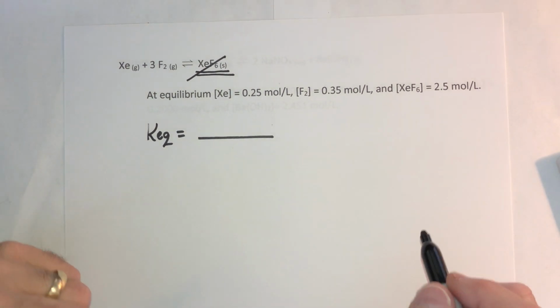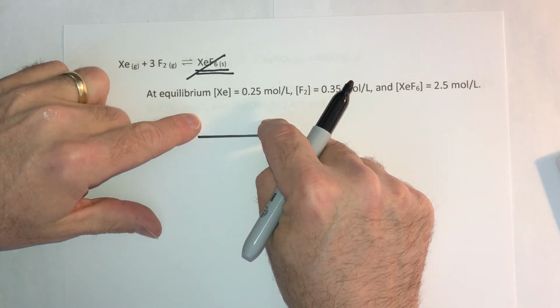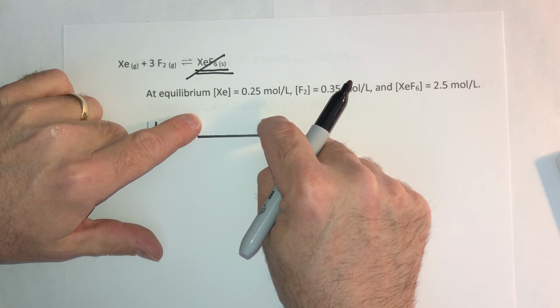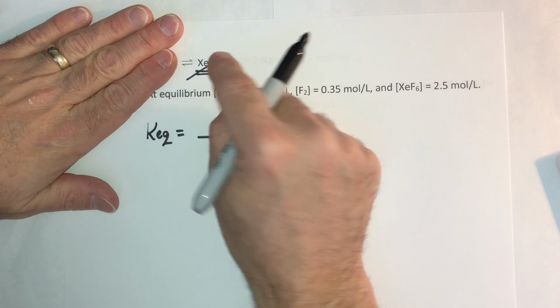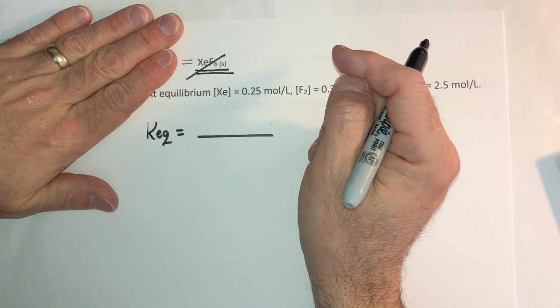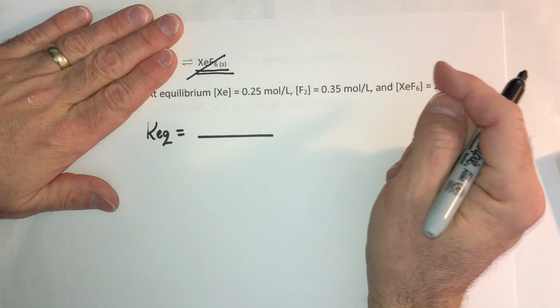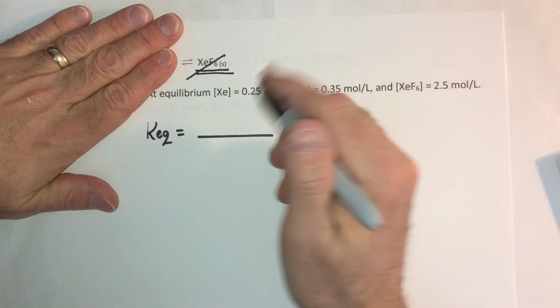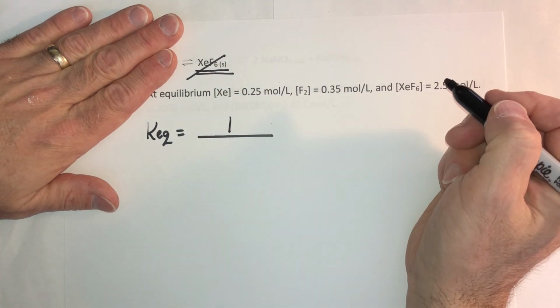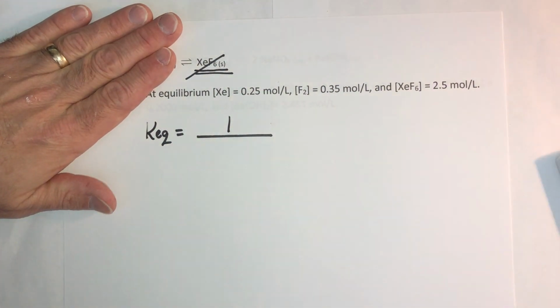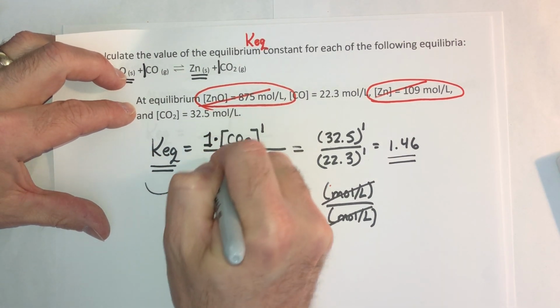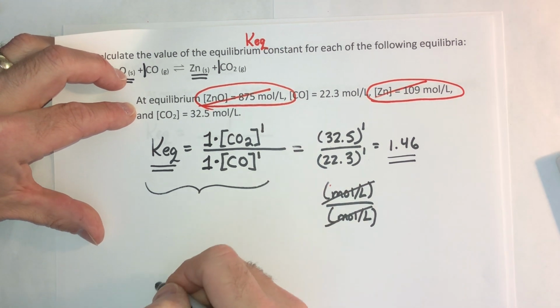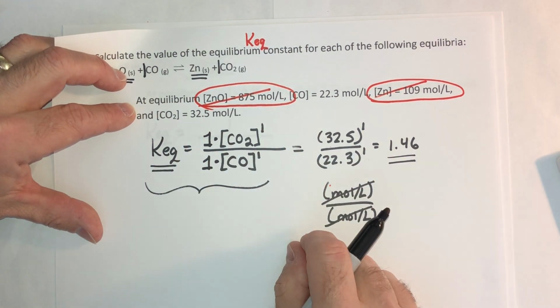All right, so now let's write our expression. You always put your products in the top, in the numerator. So if I look here, I had only one product, and I'm not allowed to use it. So I have nothing to put in the numerator. If you have nothing to put in the numerator, you just put in a 1. Because if I had multiplied this by 1 and this by 1, does that really change my calculation?